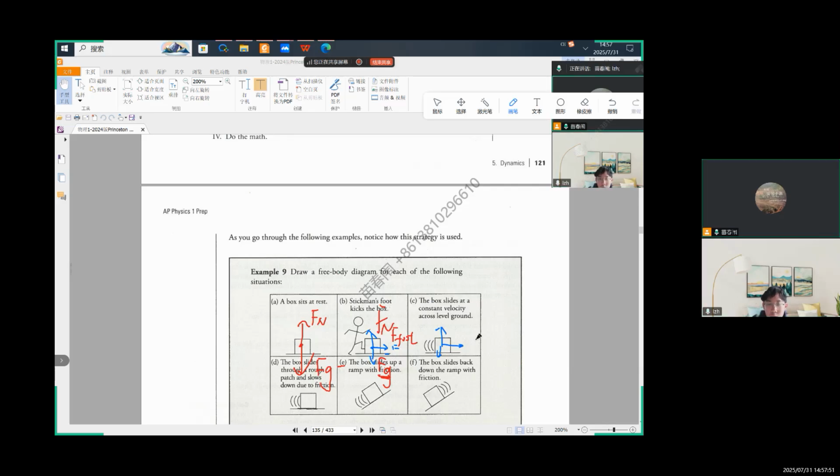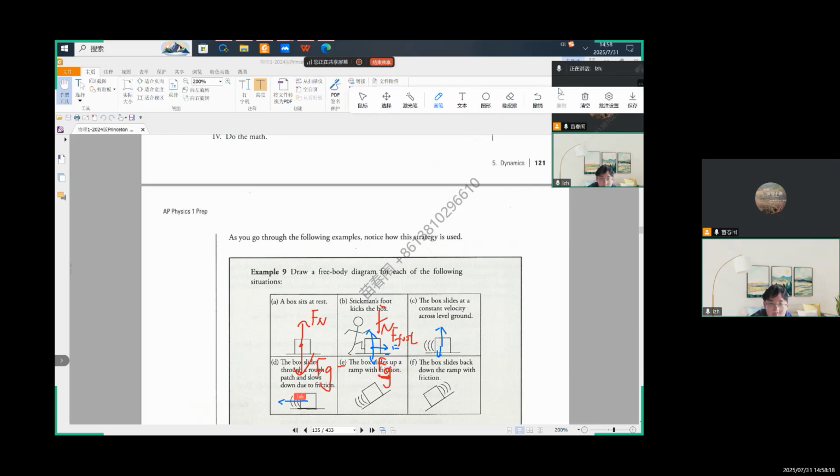This one really doesn't say anything about friction. If it's constant velocity, then there's no force there, because it's just constant. It's like perfect ice in there. Then there's no force because there's no acceleration. Yeah. The box slides through a rough patch and slows down due to friction. So force of friction, normal force, and force of gravity.